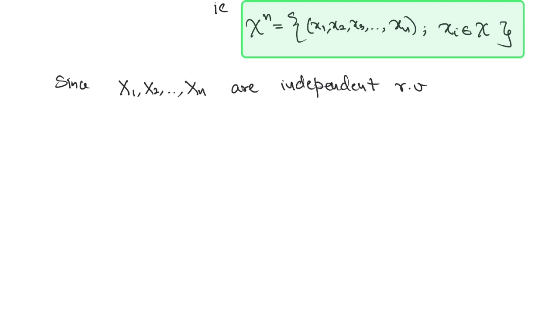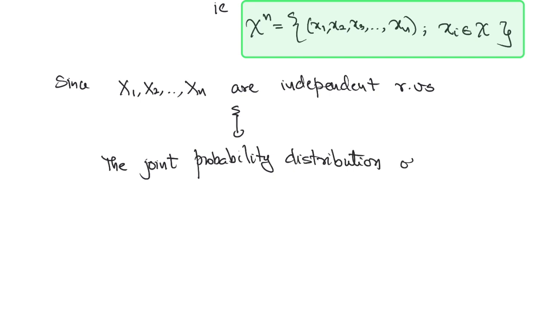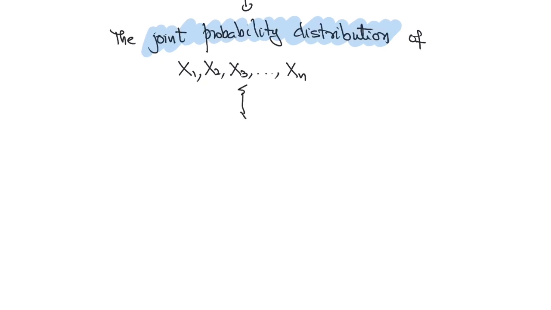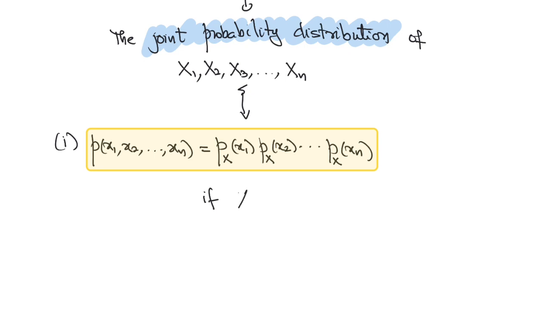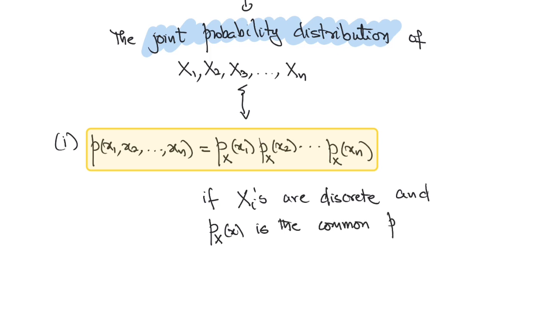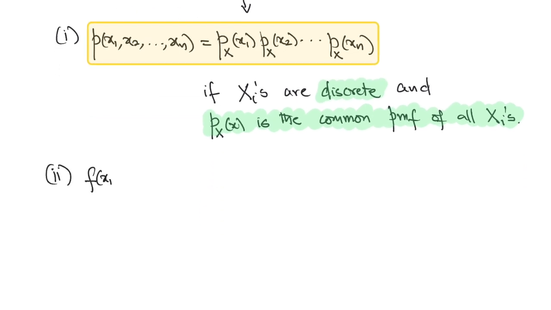Since x1, x2 up through xn is an independent collection of random variables, the joint probability distribution of x1, x2 up through xn is going to be defined as the function p, which takes as input an n-tuple and outputs the product of p sub X of xi. If the xi's are discrete random variables, p sub X is the common probability mass function of all the xi's.